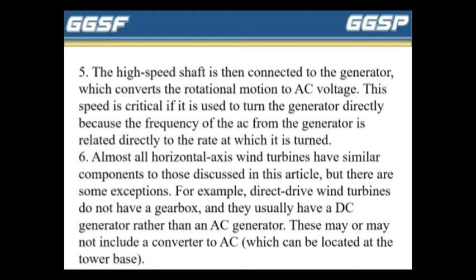Almost all horizontal axis wind turbines have similar components to those discussed in the article, but there are some exceptions. For example, direct drive wind turbines do not have a gearbox and they usually have a DC generator rather than an AC generator. This may or may not include a converter to AC, which can be located at the tower base.